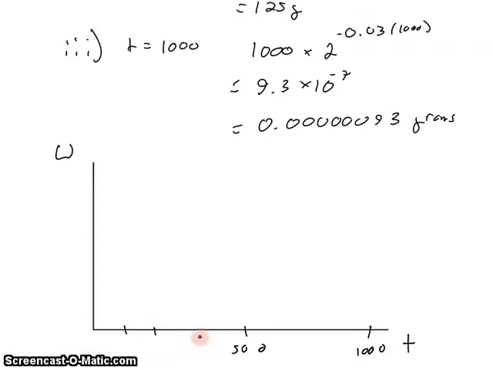There's 100 years. And there's 10 years somewhere in there, something really tiny. We need to go all the way up to 1,000 grams. So there's 1,000 grams, 500 grams, 100, 200, 300, 400, 500 grams.